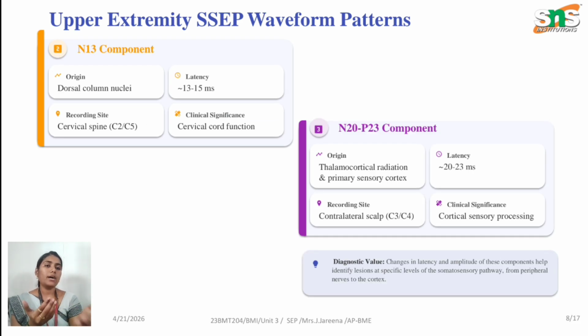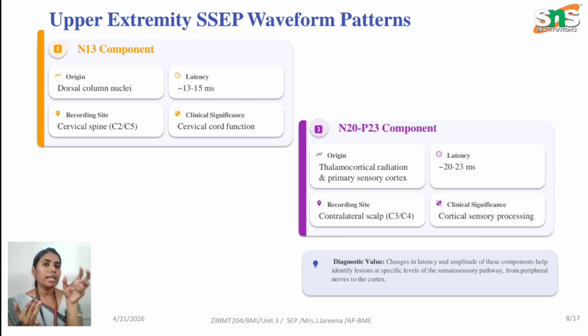Again, there are different components for upper extremity. You can see in the waveform patterns the N13 component, and the N20 and P23 components. The N13 component originates from the dorsal column and cuneate nucleus, especially seen at the cervical spine. The N20 and P23 components are seen from the brain part, that is the thalamocortical radiations, which you can record at the contralateral scalp.